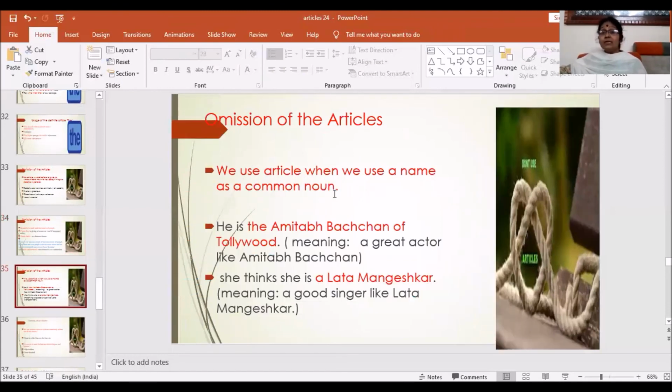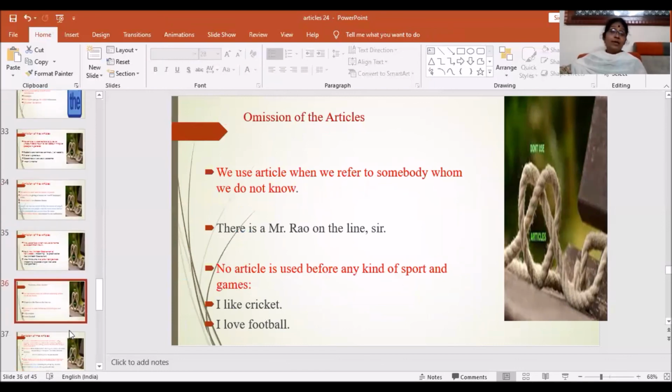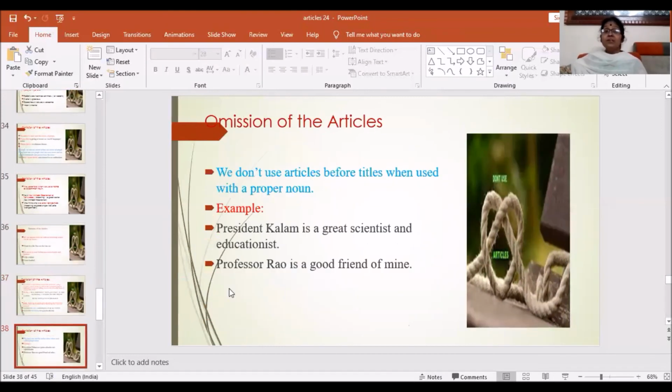Then we use an article when we use a name as a common noun, but for a proper noun, we don't use them, right? We use an article when we refer to somebody whom we do not know. No article is used before any kind of sport or games, right? Then no article is used before nouns where we go for primary functions, but for secondary functions, we use them.